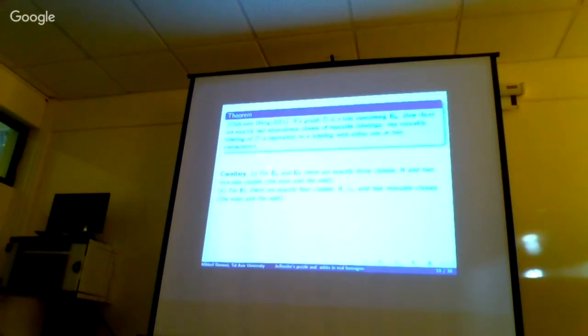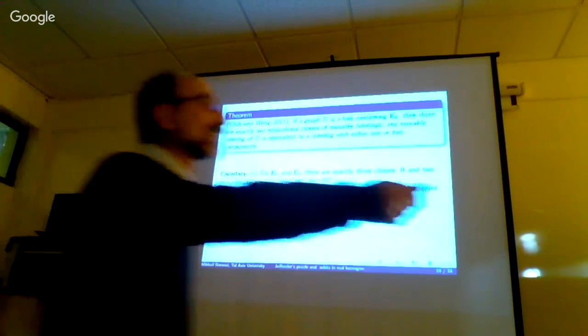Corollary: for E6 and E8, there are exactly 3 classes, 0 and 2 movable classes, the even and the odd. And for E7, there are exactly 4 classes, 0 and L3, these are 2 fixed classes, and 2 movable classes, the even and the odd. Of course, to prove it, you don't need Wen's theorem, you can prove it on a computer, or even by hand, because there are not many.